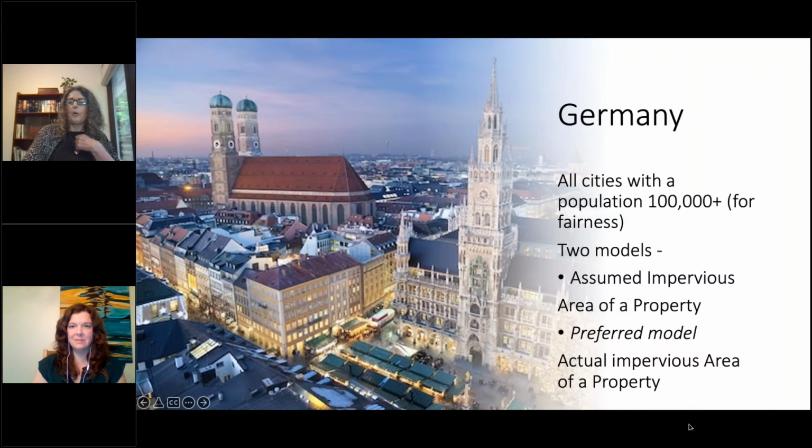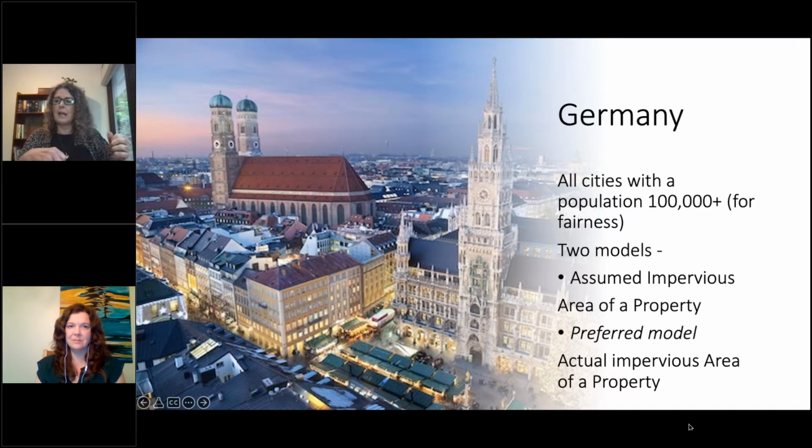So what has happened? What countries are actually implementing this? Germany: most cities over 100,000 have implemented a user pay system. This started back in 2001, and they've got 2 models. One is an assumed impervious surface.